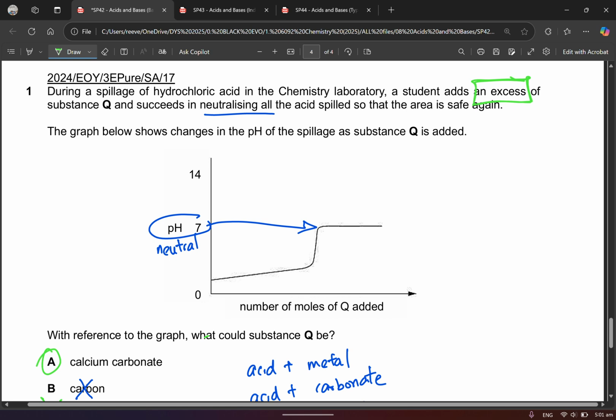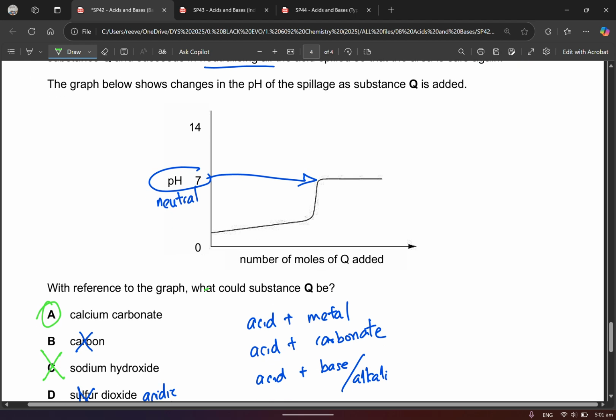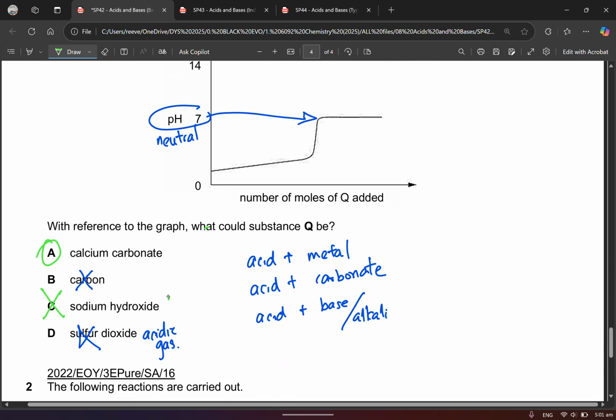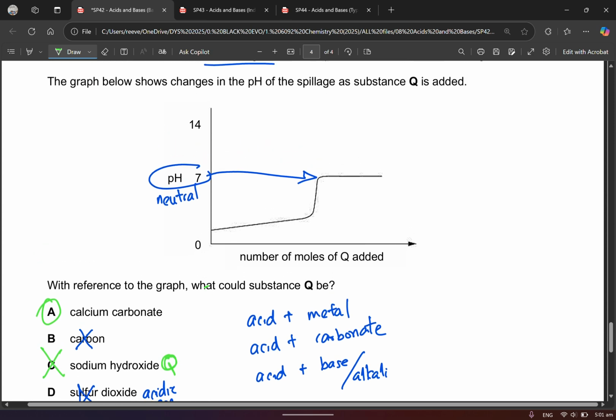So if you imagine I'm pouring much more Q. I pour a lot of Q. If I pour a lot of sodium hydroxide, yes, the sodium hydroxide is alkali, it will react with my acid. But because I pour so much, too much meaning all the acid is gone, all reacted already, but I still keep pouring.